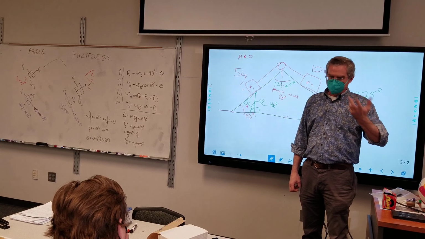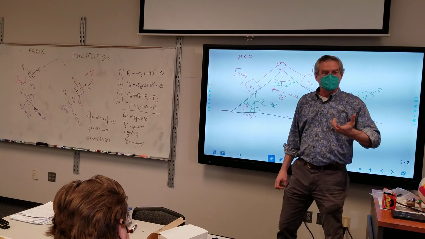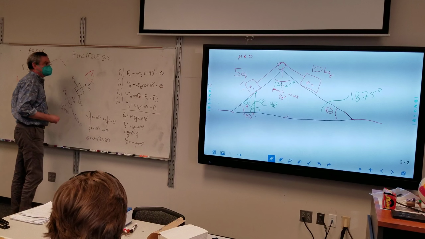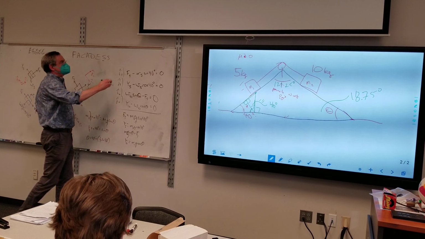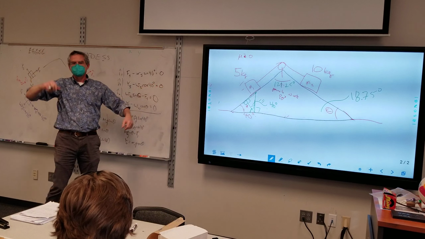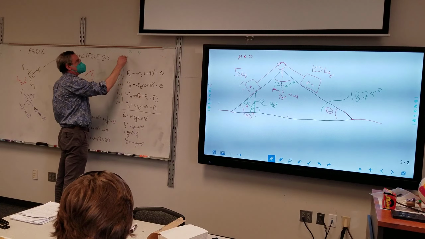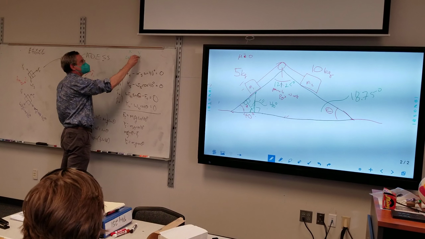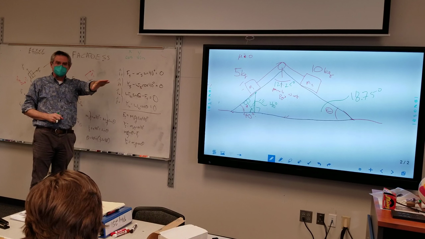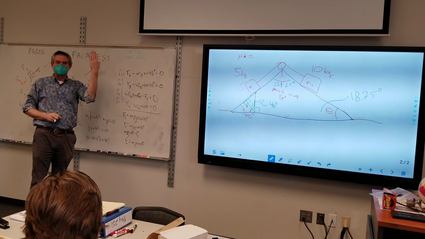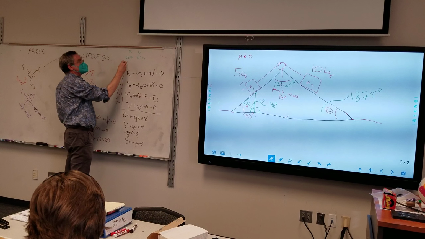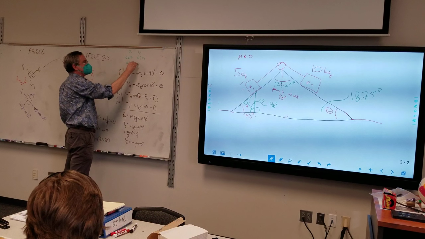Not necessarily that some memory trick is going to help you, but think about x and y. On a unit circle, cosine's the x value and sine is the y value. So this is the adjacent, and this is the opposite.